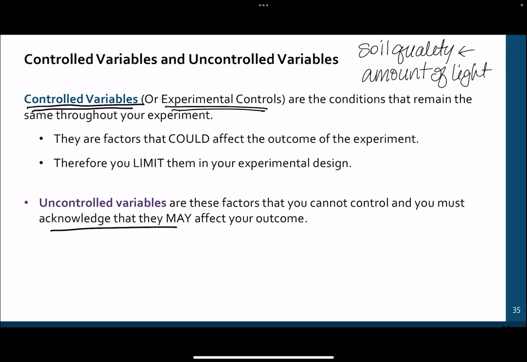That does not mean that your experiment is invalid or that your results are wrong or that you haven't supported your hypothesis. But a good scientist is going to acknowledge the limitations of their experiment and address those as they are deciding whether or not they have supported their hypothesis.